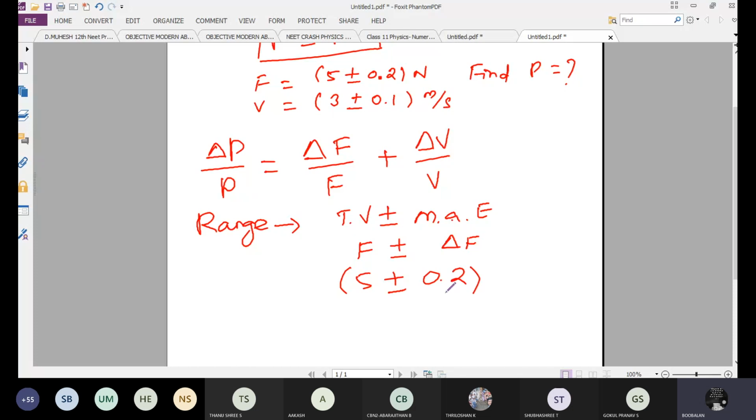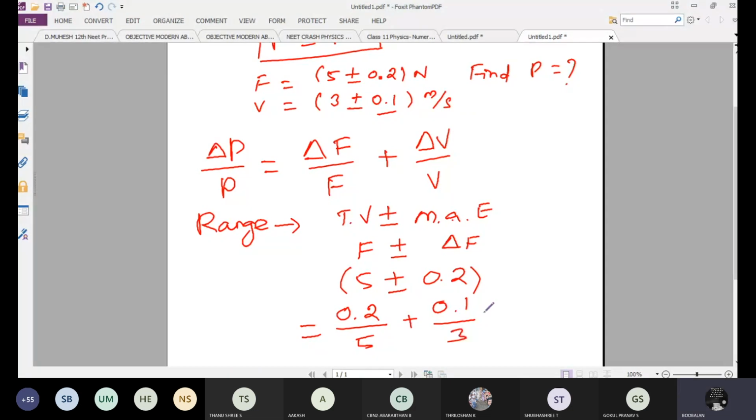Del F divided by F. So del F value 0.2 divided by F value 5, plus del V, same, del V value 0.1 divided by V value 3.